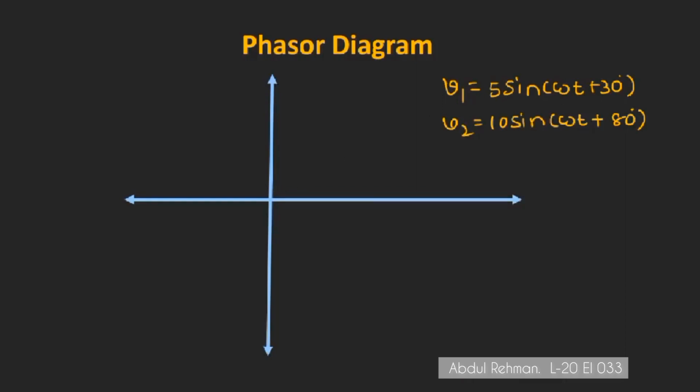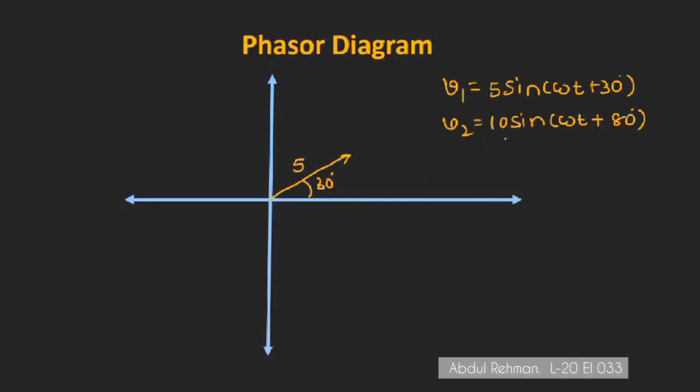For the first signal, 5 sin(omega t plus 30 degree), we draw a vector with an amplitude of 5, making an angle of 30 degrees with the horizontal or reference axis.